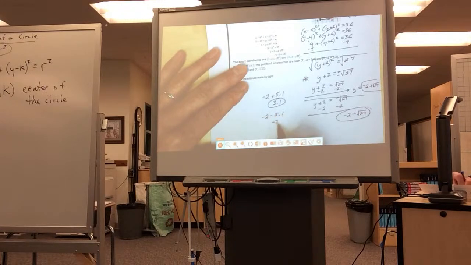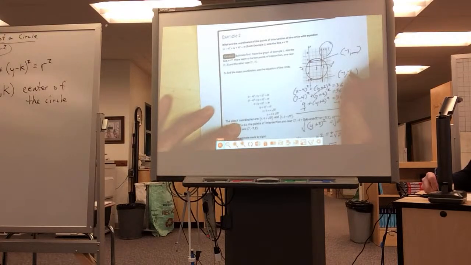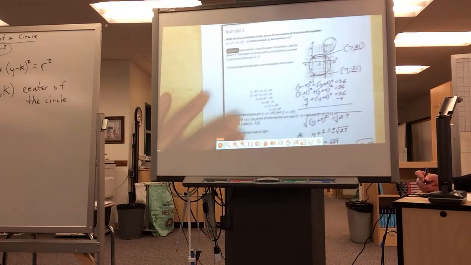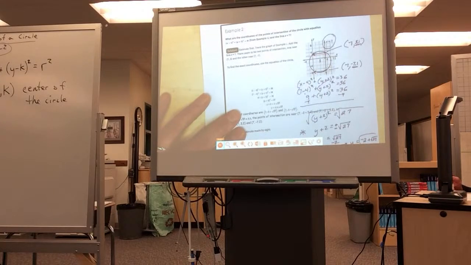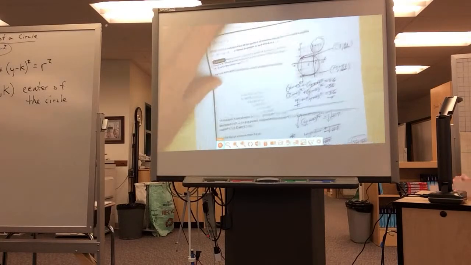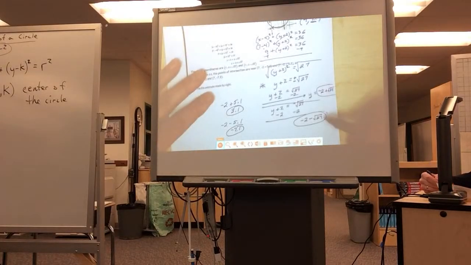So that's about a negative 7.1. So this is about a negative 7.1 and about a positive 3.1. And that makes sense. That's what it looks like on the graph. But these are the exact values. Keep that in mind.